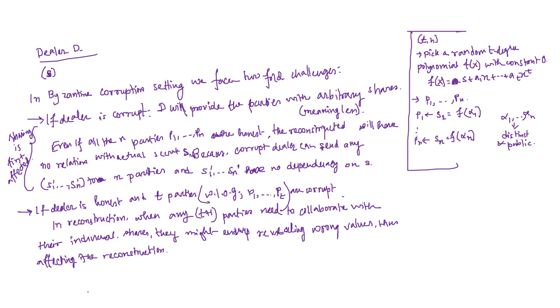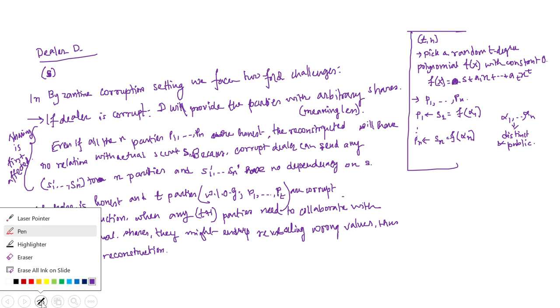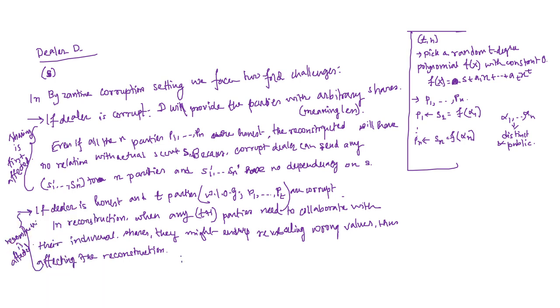These twofold challenges we need to handle, and to handle this comes the need of a new primitive called verifiable secret sharing.